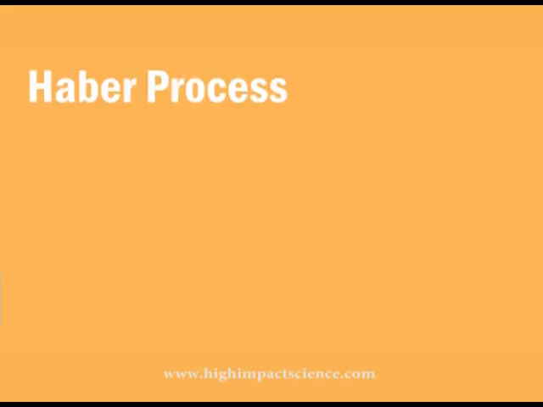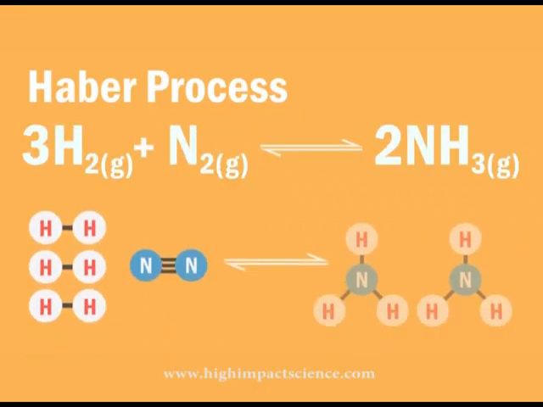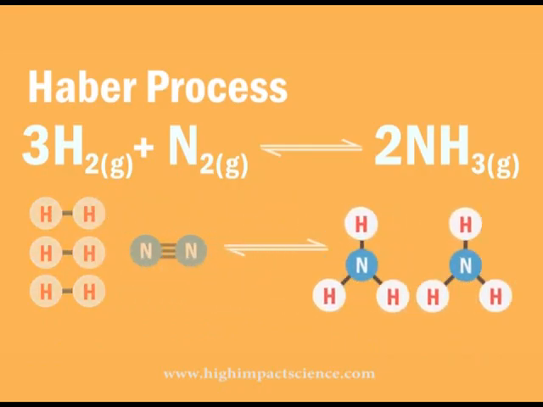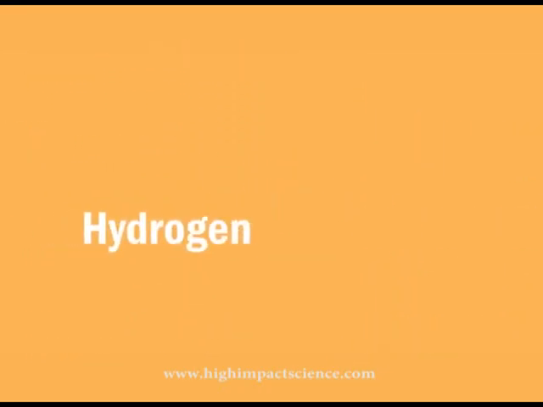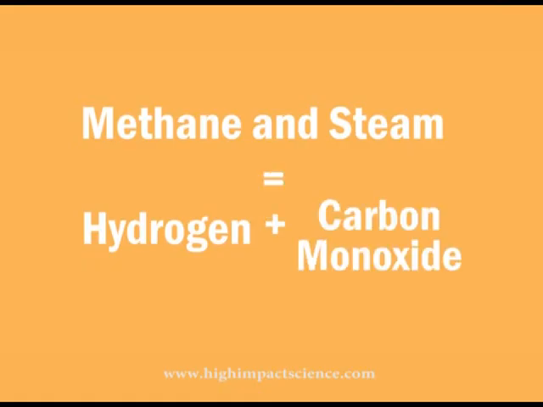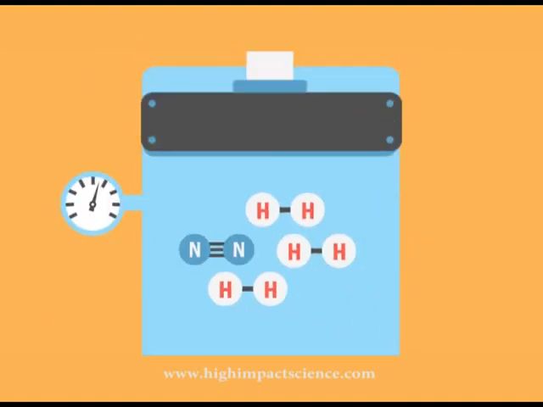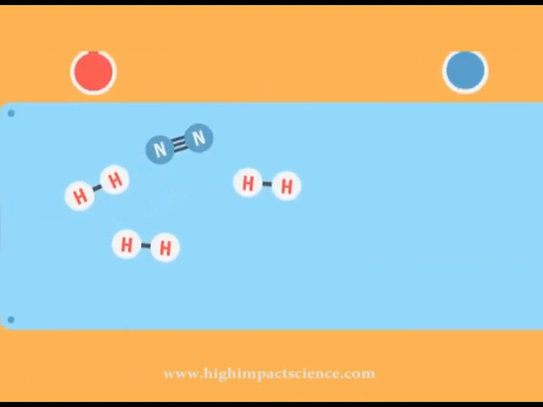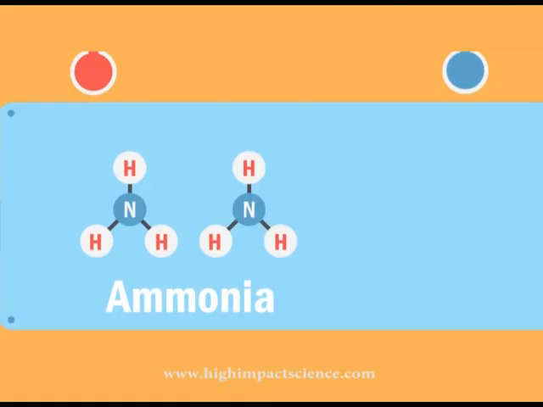So the Haber process is the industrial process for the manufacture of ammonia from hydrogen and nitrogen. Hydrogen is obtained from the reaction of methane and steam, producing carbon monoxide as a byproduct. These gases are compressed and delivered to the reactor where ammonia is produced.